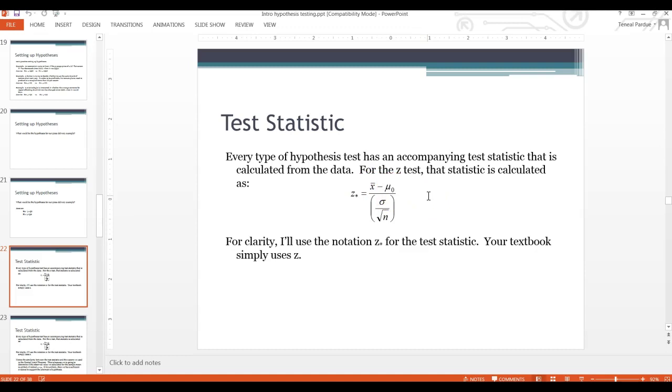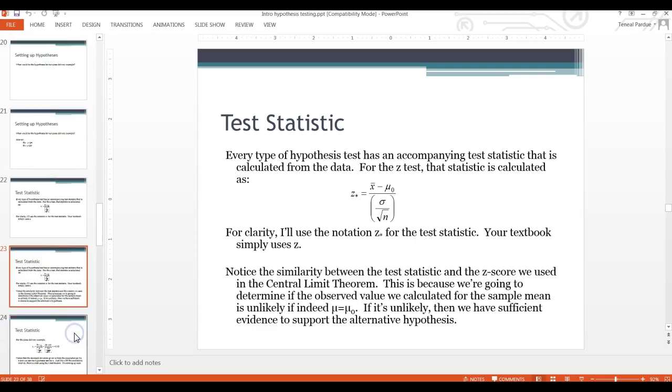I know everybody has a different kind of calculator, but you want to make sure that you're doing x bar minus mu naught on the top, and you're doing this on the bottom, and you're dividing the two, in that order. Most textbooks just call that Z, but I think that's confusing, so I'm calling it Z star for the test statistic. So for that, you just plug in values from the problem.